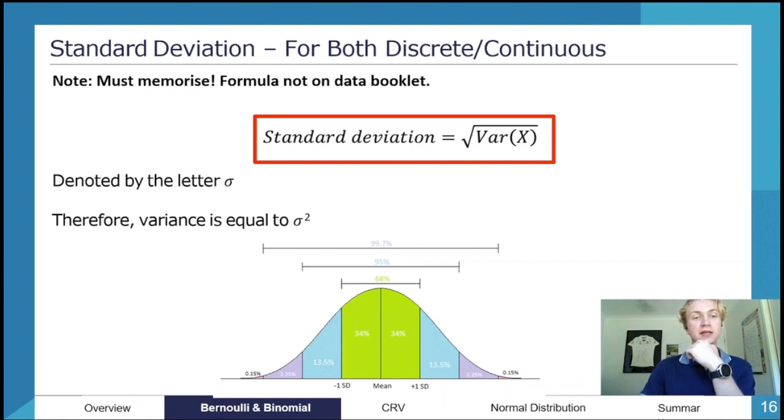Standard deviation is given by the letter, I'm not even sure what that's called, maybe omega or something. But you have to memorize this formula because you're given the formula for variance for Bernoulli, discrete, continuous. You're given it for all three of those. However, you're not given the standard deviation formula.